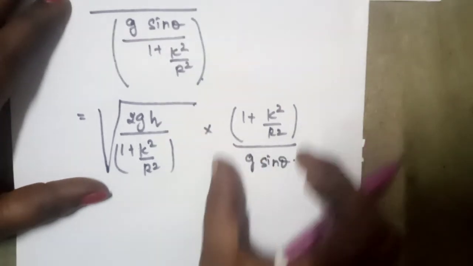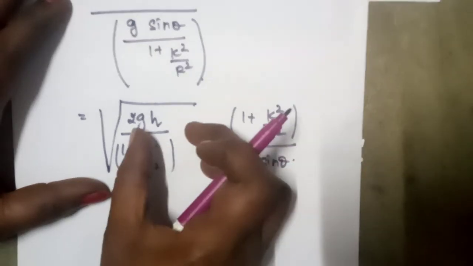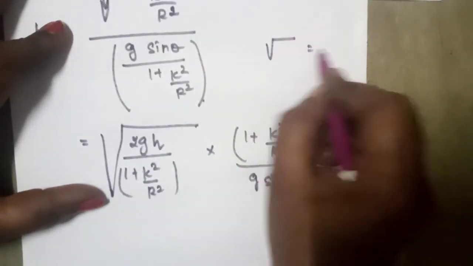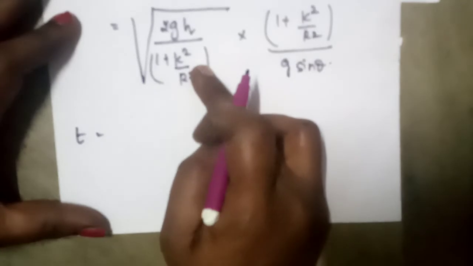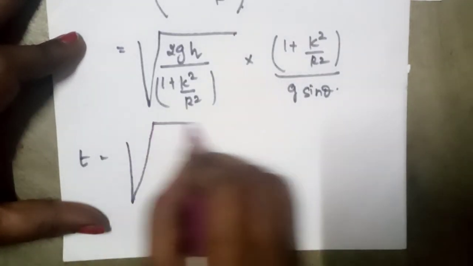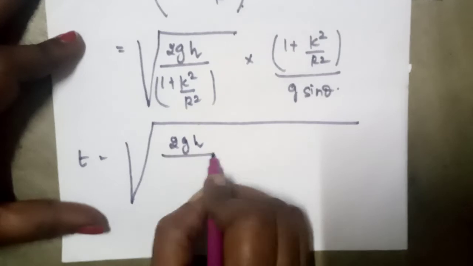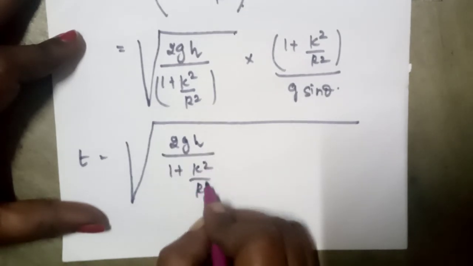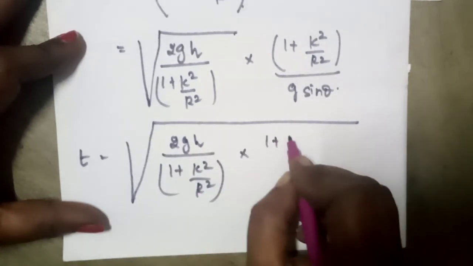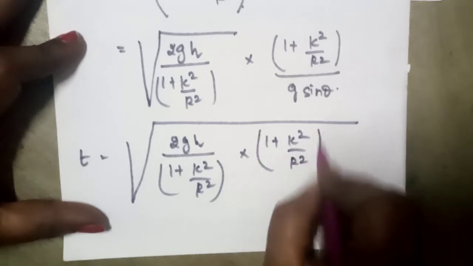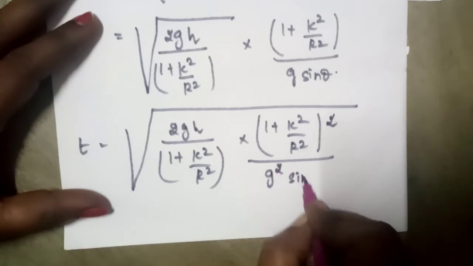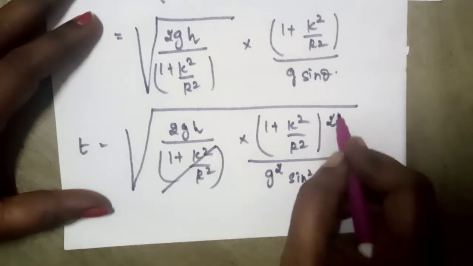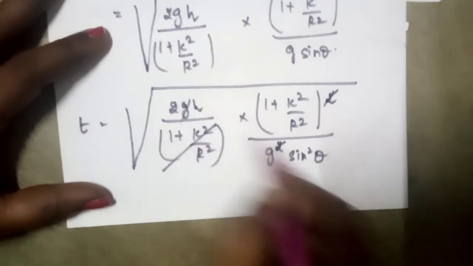This is not in the square root, so I am going to bring this under the square root. You know very well, if you want to bring x under the square root, how will you write? As x square. In the same manner, t is equal to square root of 2gh divided by 1 plus k square by r square, into 1 plus k square by r square, the whole square, divided by g square sin square theta. One term gets cancelled, and one g also gets cancelled.